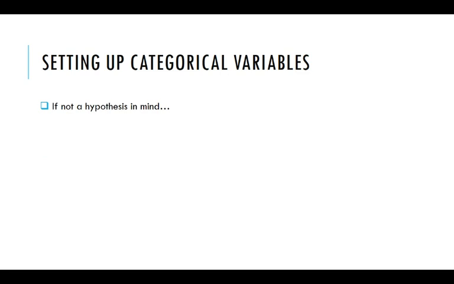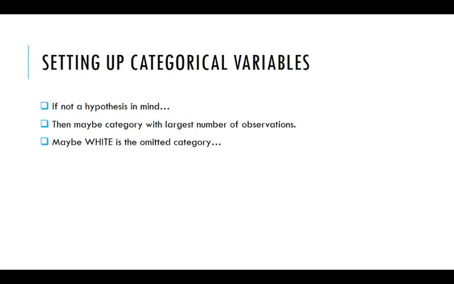If you don't have a hypothesis in mind, then maybe you choose the category with the largest number of observations. So in this study, where they controlled for the different ethnicities, remember, they had an omitted category that was, maybe it was black, maybe it was all other. Not clear. But maybe in a study you do, if you've got more of a predominantly Caucasian or white population, maybe you make that the omitted category.